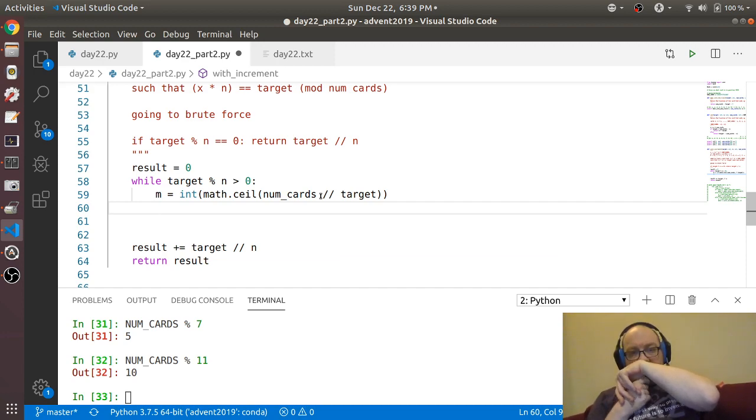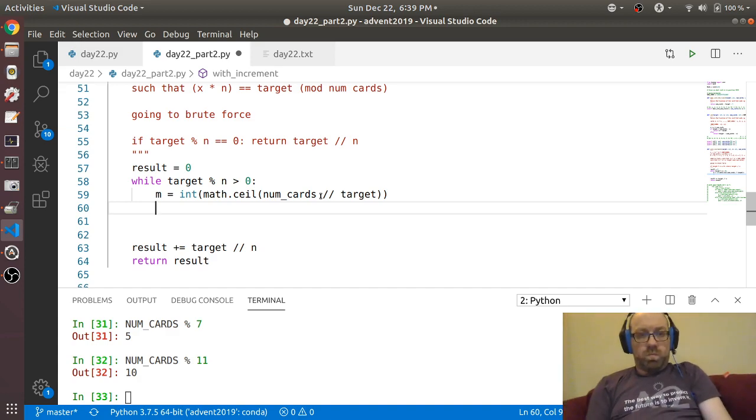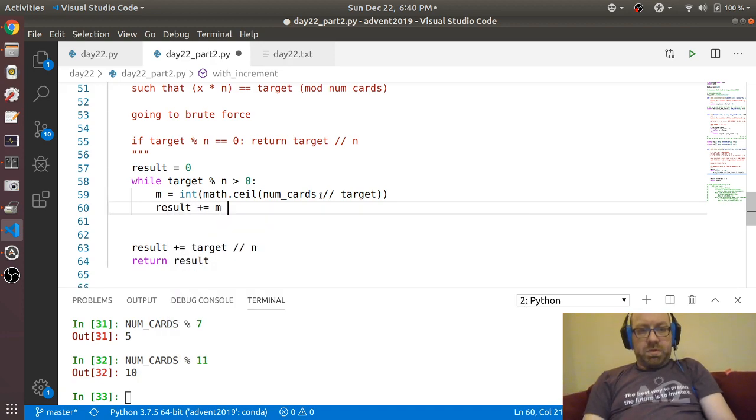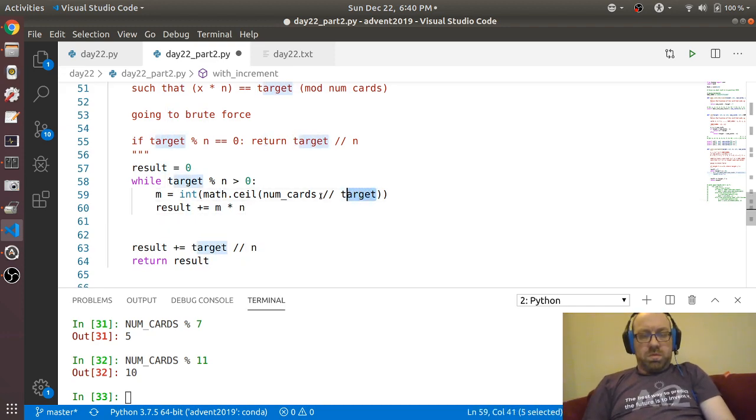Int math dot ceil. Result plus equals m times, not divided by target divided by n.